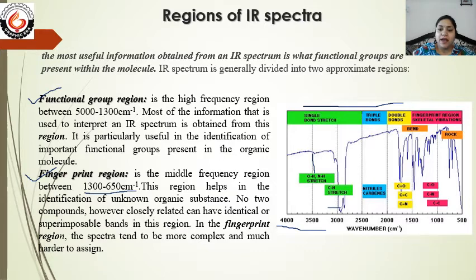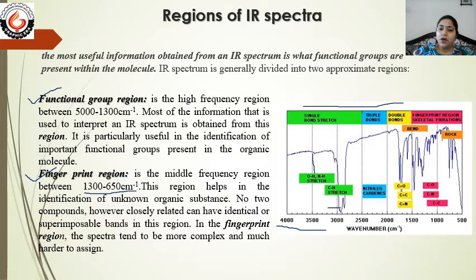These can be differentiated with the help of the fingerprint region, because like our fingerprints, no two fingerprints match. All persons have different fingerprints. Similarly, all organic compounds have different lines in the fingerprint region.